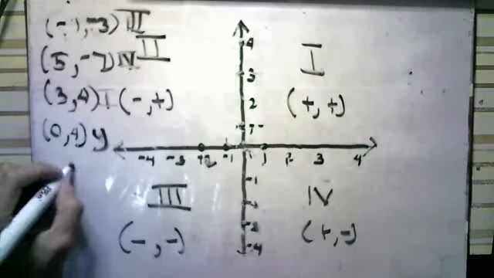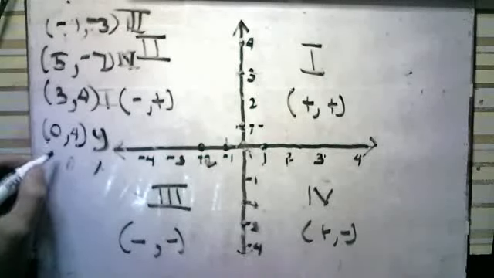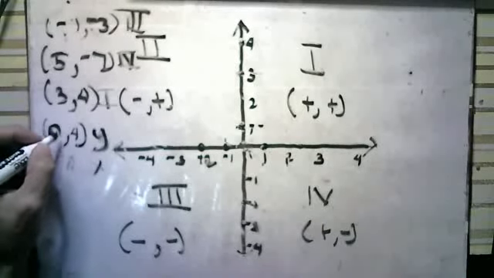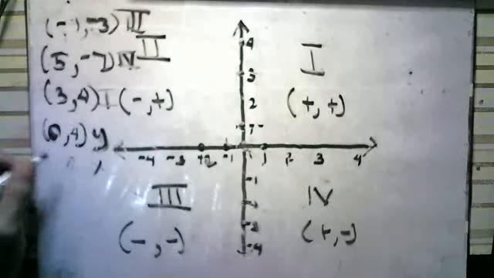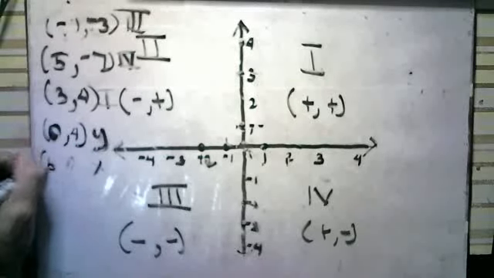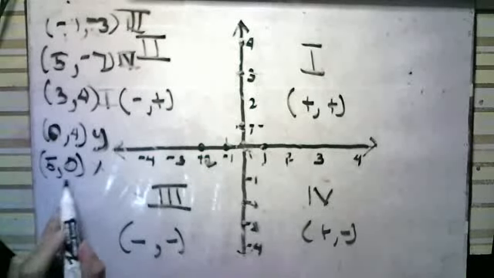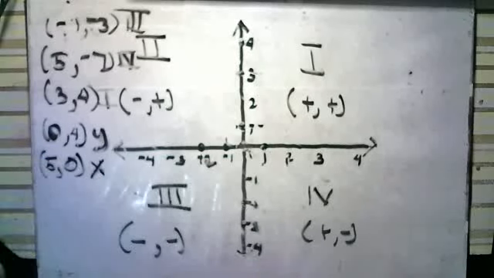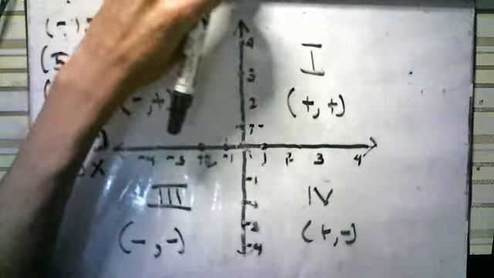Kung ang 0 naman ay si y, x ang sagot dyan. For example, 5, 0. Given is 5, 0. Your y is 0, so that will be x ang sagot. Yan lang po ang inyong gagawin for learning task number 2.